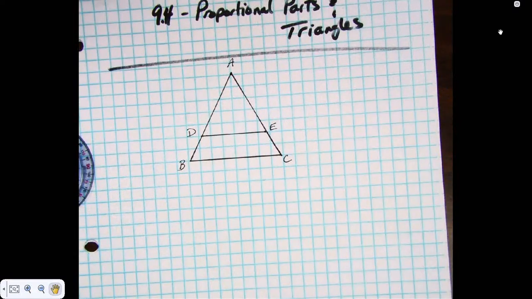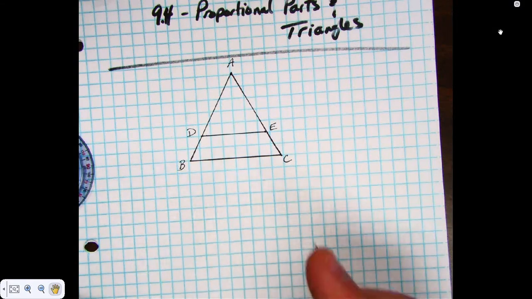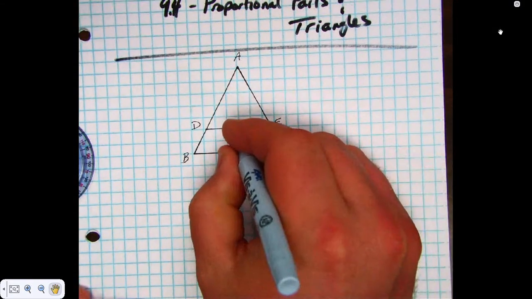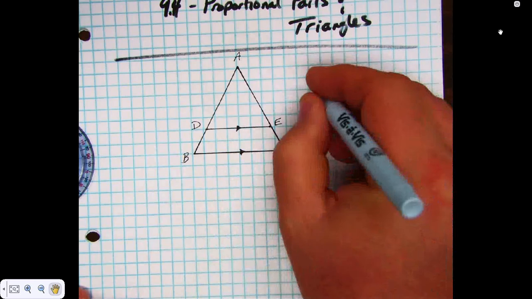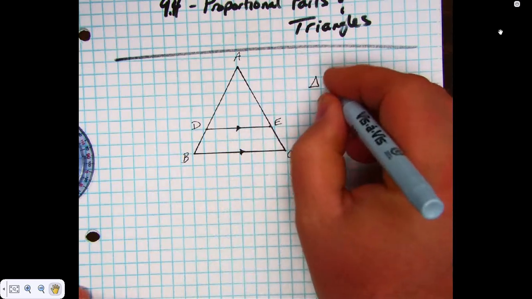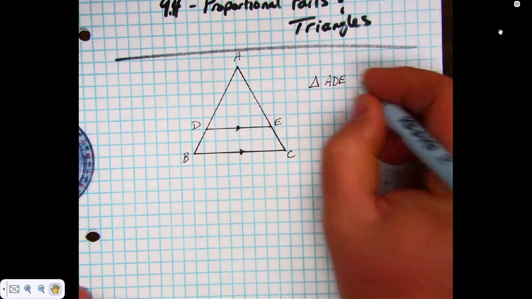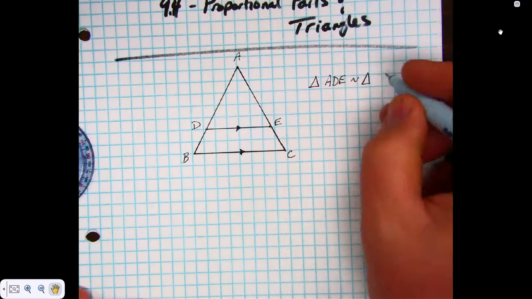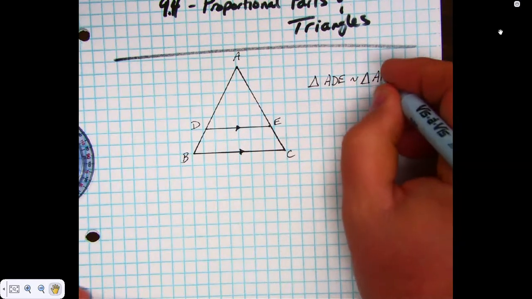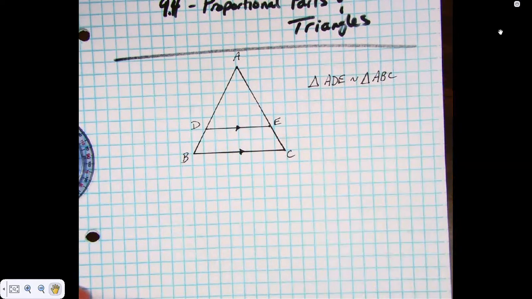What I actually end up doing, if this is parallel to this, triangle ADE is similar to triangle ABC. It will always be.